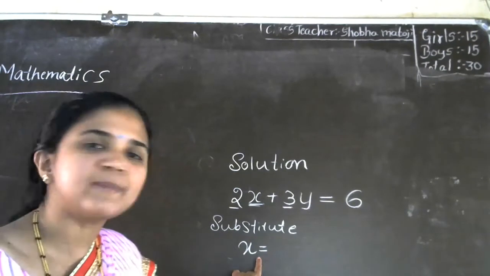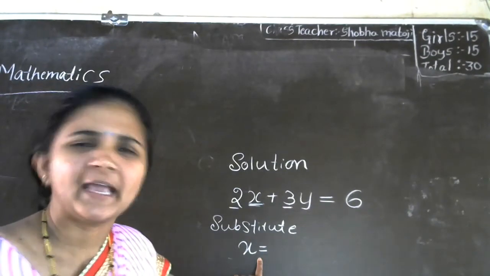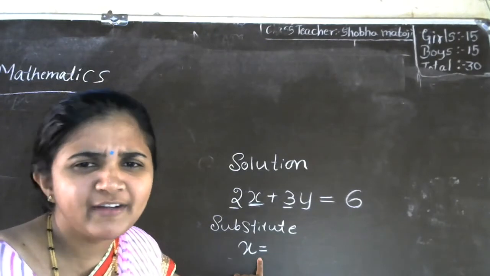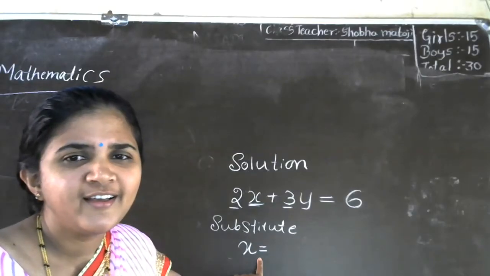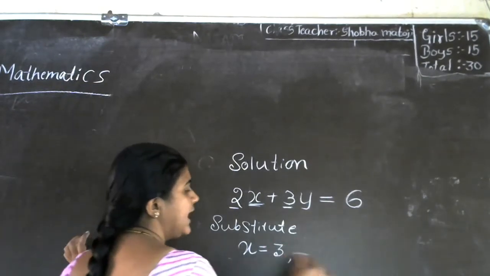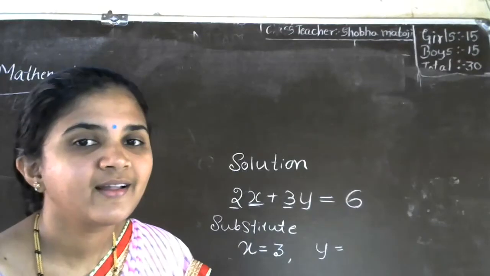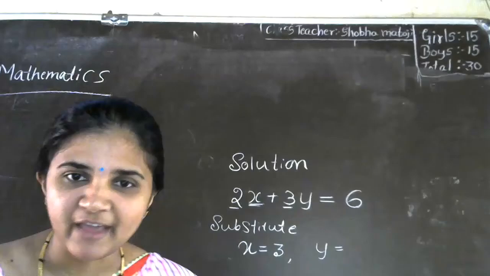First, what do we put in place of x? Can we take any value? 3. Okay, x = 3. Then y is equal to? Mataji, we have to find y value.